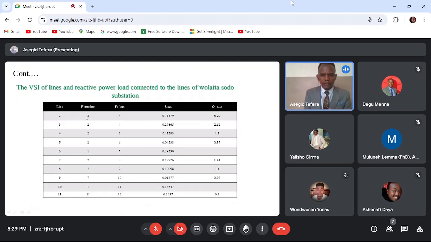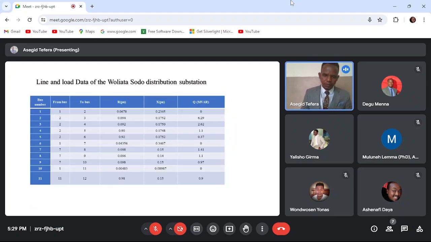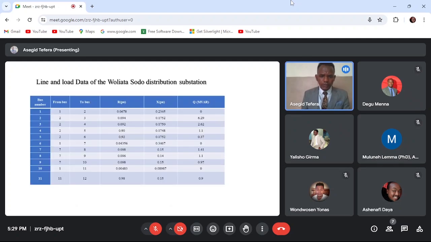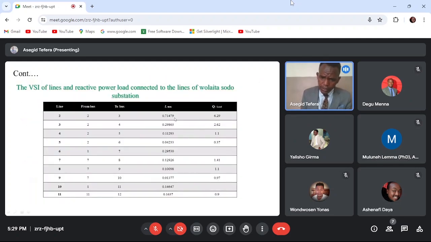If the line stability index calculated for bus 1 to bus 2 is close to 1, that line or that feeder is unstable in the system. So we select that feeder as the unstable feeder.